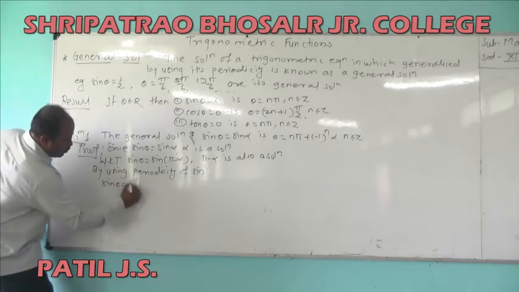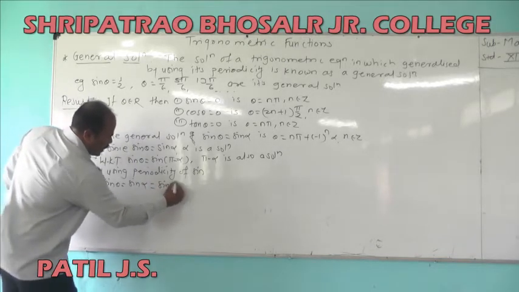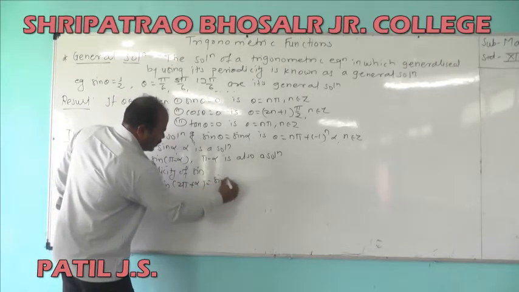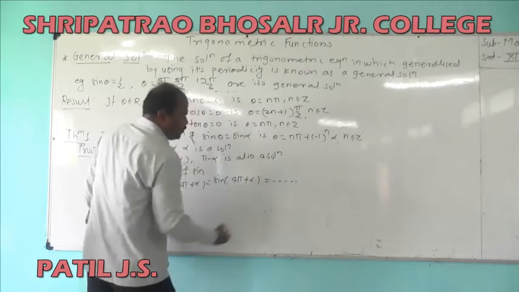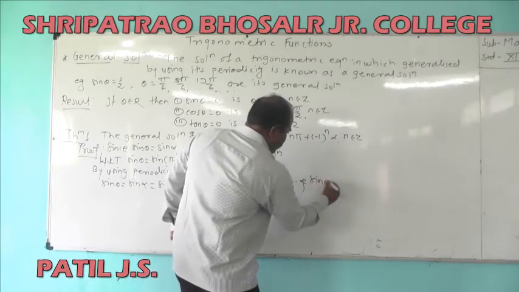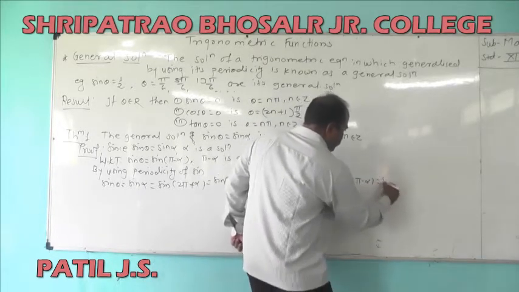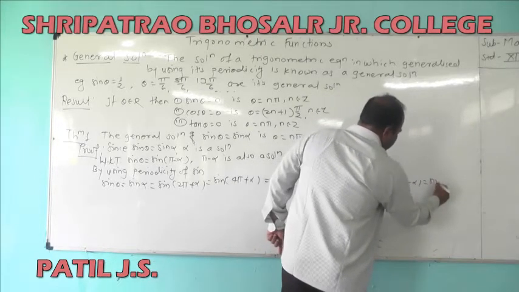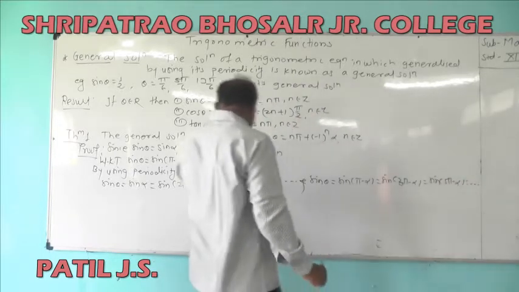sin theta is equal to sin alpha is equal to sin (2 pi plus alpha) is equal to sin (4 pi plus alpha), and so on. And sin theta is equal to sin (pi minus alpha) is equal to sin (3 pi minus alpha) is equal to sin (5 pi minus alpha), and so on.